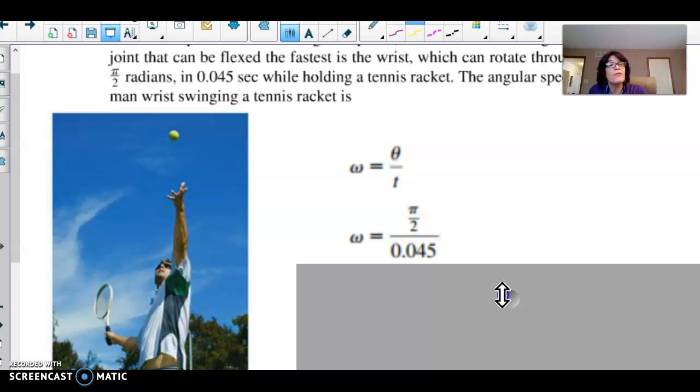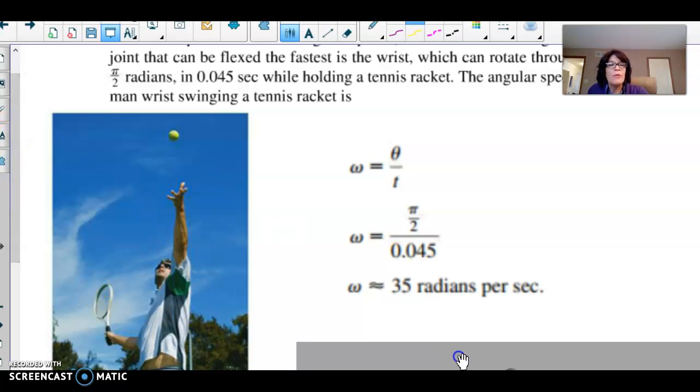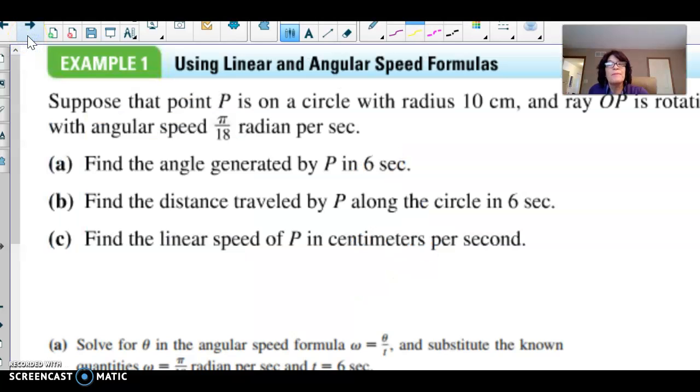I'm going to take pi over 2 over the time it takes to swing that tennis racket 90 degrees. So about 35 radians per second. If you do pi divided by 2 divided by 0.045 on your calculator, it's about 35 radians per second. That's the angular speed.